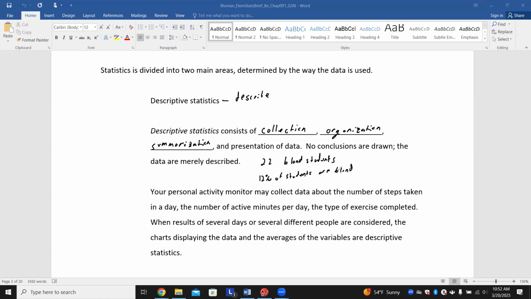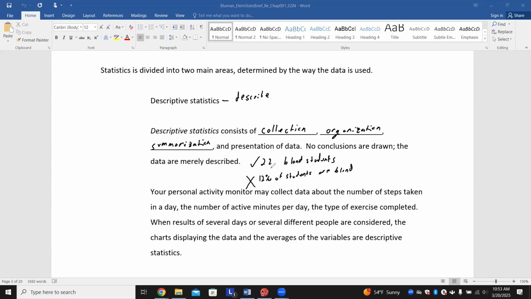This is an estimate of how many students are blonde. So descriptive statistics is, again, factual. It's telling you exactly what happened in this study. When you start throwing in a certain percentage or you start saying, I think this is going to happen, that is an opinion, that is not factual, right?